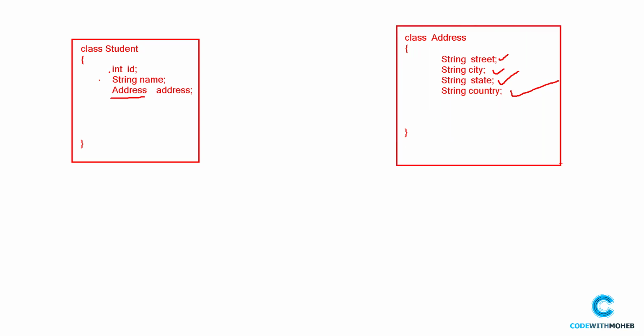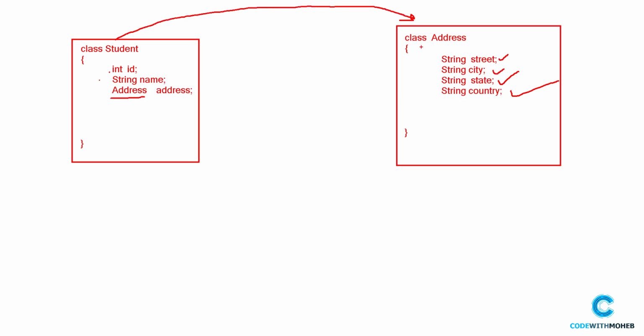So there are two classes. The first one is the Student class and the second one is the Address class. And you can see that in the Student class we have a user-defined data type, that is Address. This means that the Address class holds some other values like street, city, state, and country. Now the Student class is dependent on the Address class.